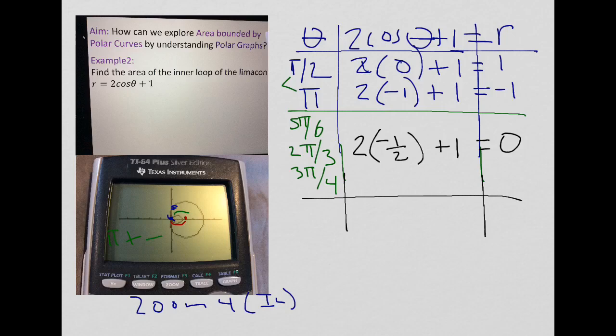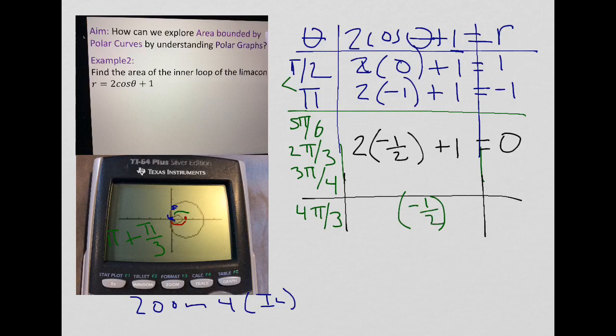So if we think it's pi over 3, that means we would be using the angle of 4 pi over 3. 3 plus 1 is 4. And once again, reference angle pi over 3 is going to give 1/2 for cosine.